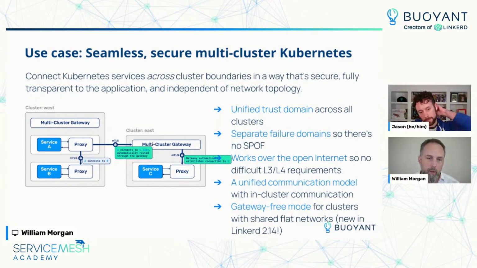There's no gateway, so it's a little bit faster. It also means you get some nice features like identity preservation: the source identity makes its way all the way to the destination identity. So you can have very rich, powerful security policies that allow certain clusters or certain services only on certain clusters, or however you want to slice it.